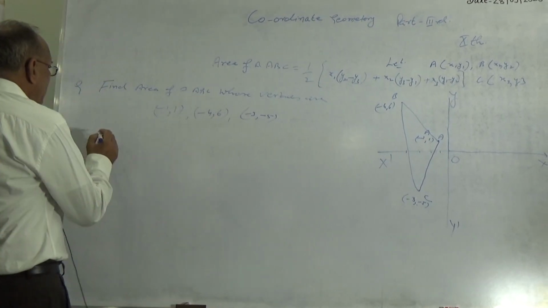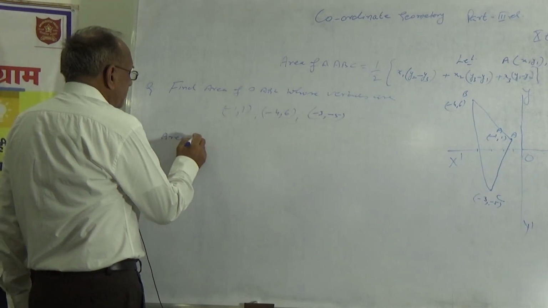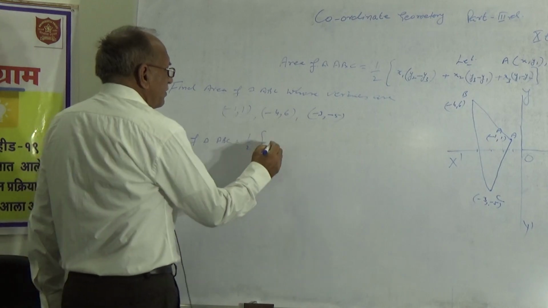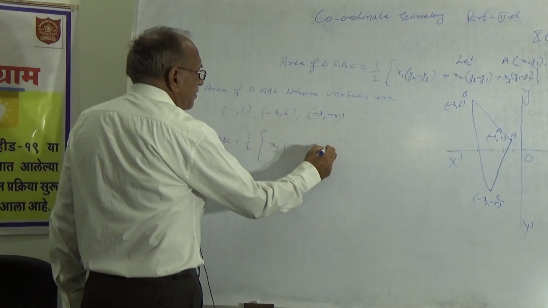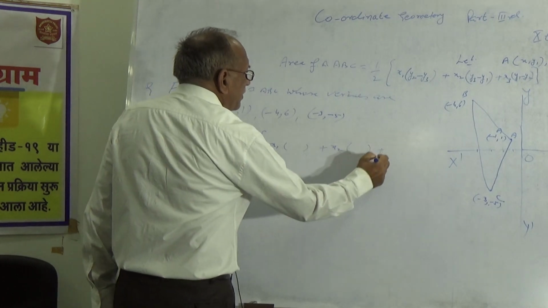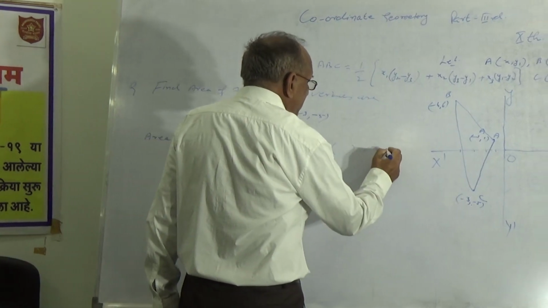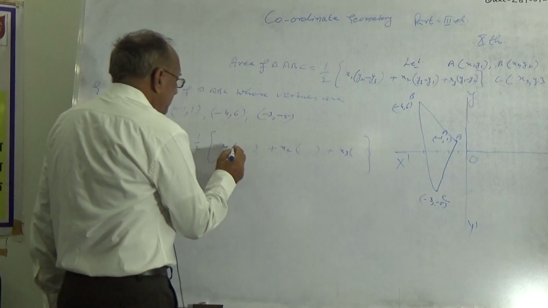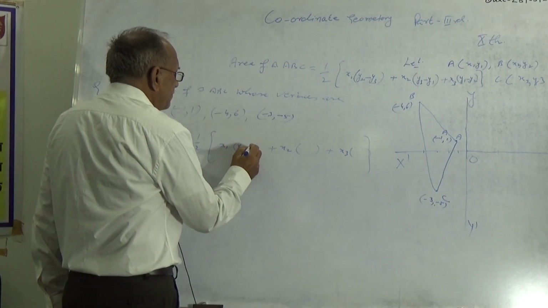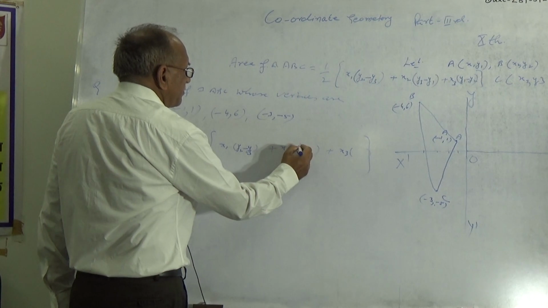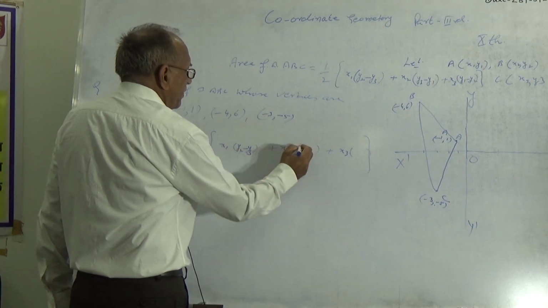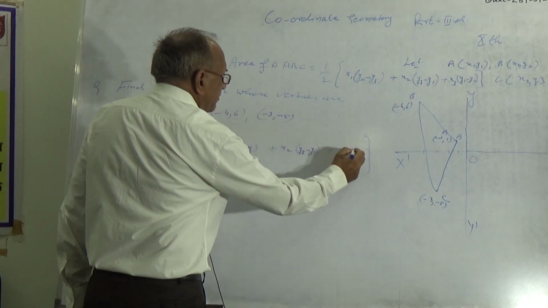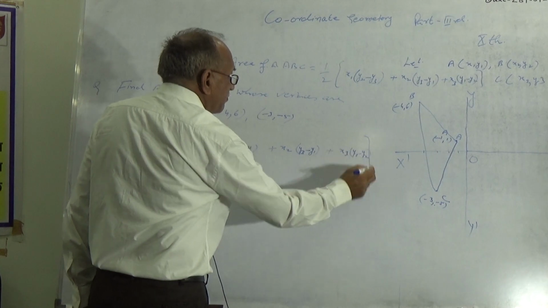First we write the formula. Area of triangle ABC is equal to 1/2 x1 plus x2 plus x3 and here y2 minus y3, here y3 minus y1 and y1 minus y2.